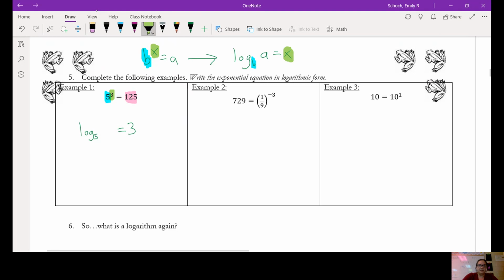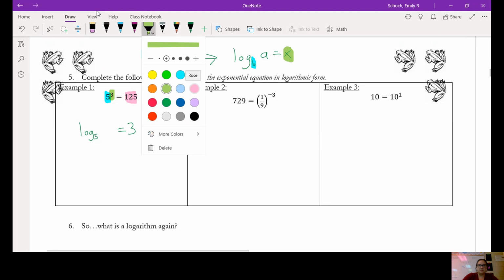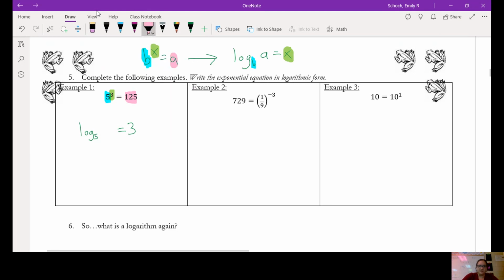And then finally, we have the answer or argument, and that's what we're taking the logarithm of. So it's going to be 125 right there. So log base 5 of 125 equals 3. This is our answer. We're not doing anything to it. This is just it.